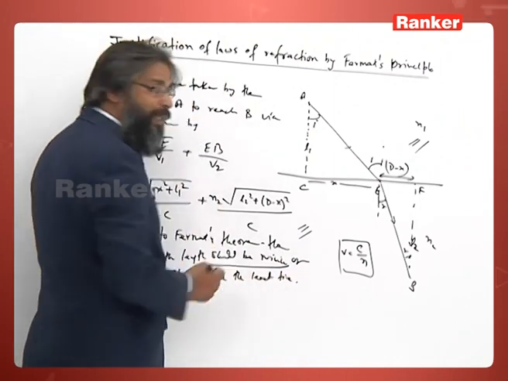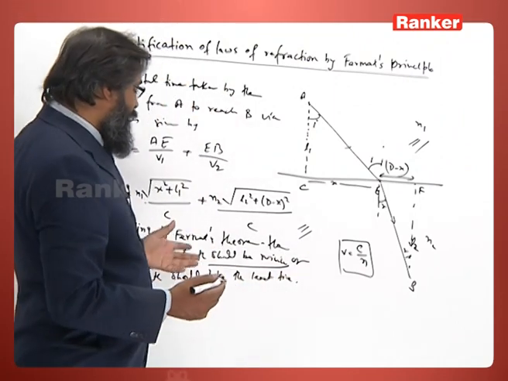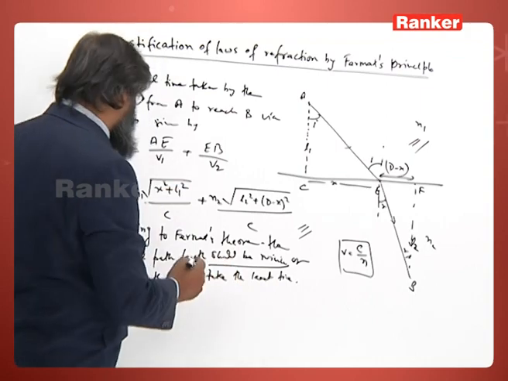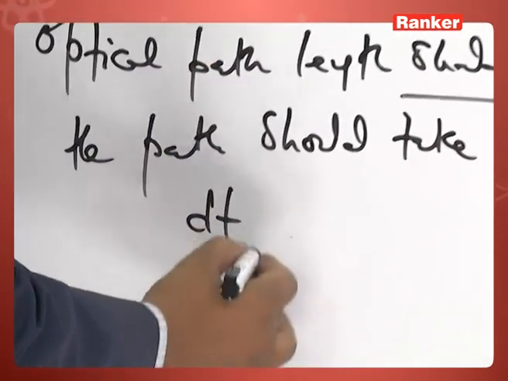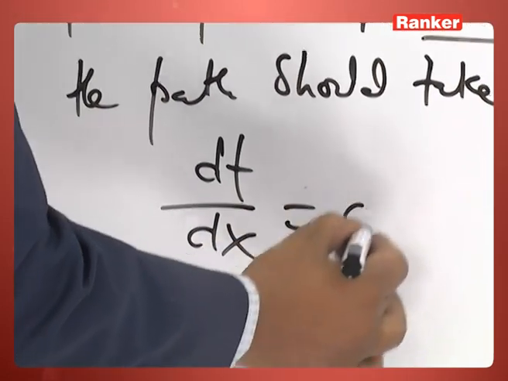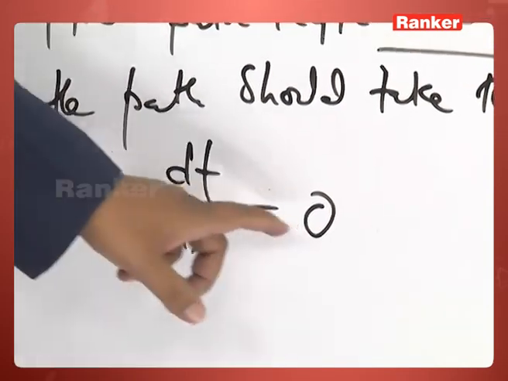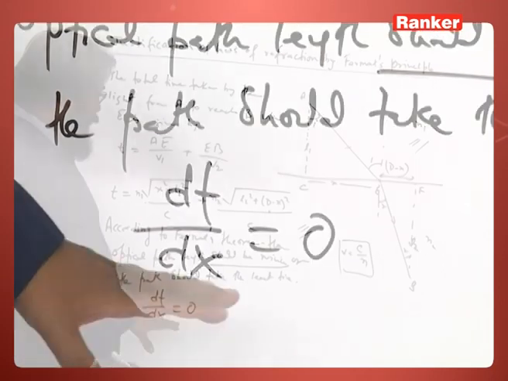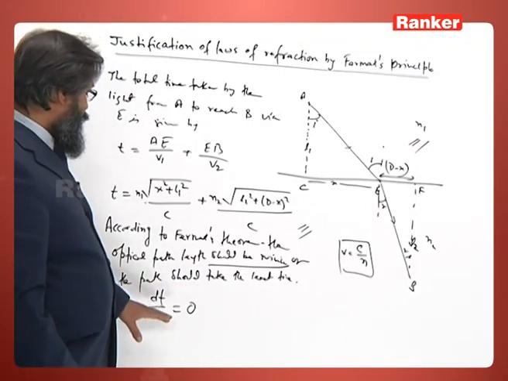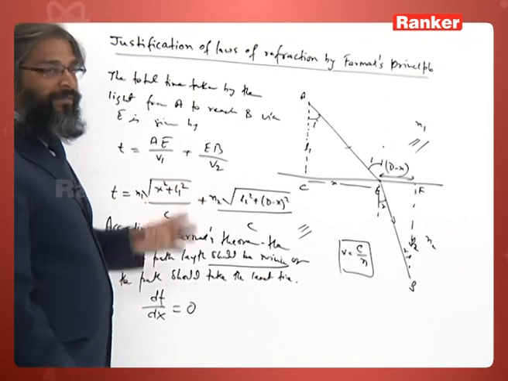Least time means the optical path length is the minimum. That is the quickest path. So we have dt by dx equal to 0. We have to equate dt by dx to 0. First take down this note, then I will differentiate and calculate further.